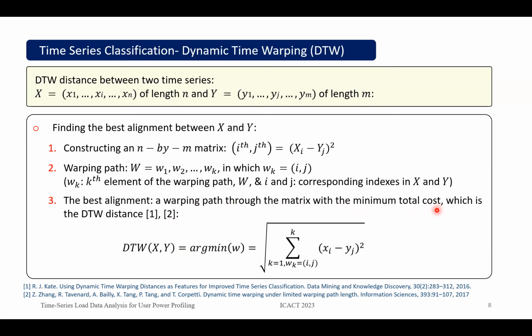What is the minimum total cost? It is the minimum distance between corresponding data points in the two sets, measured by this formula. So DTW is actually the warping path with minimum cost, or minimum distance, between the data points in these two data sets.